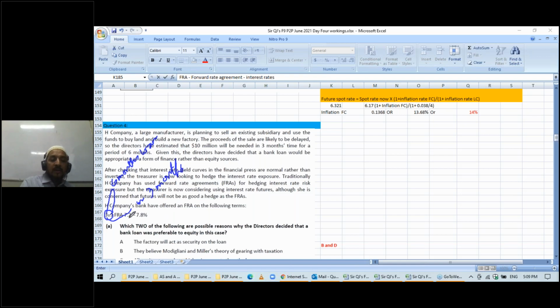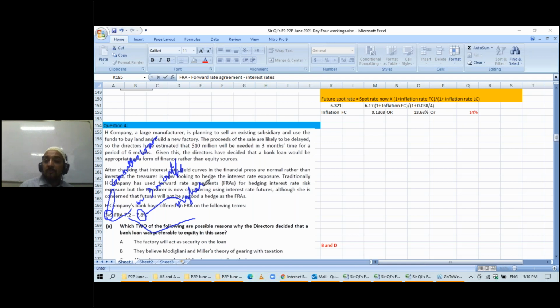Now, remember, if you go to a bank, the higher rate quoted by them will be your borrowing rate. Because if you go to the bank and make an investment over there, the bank will pay you a lesser interest rate.